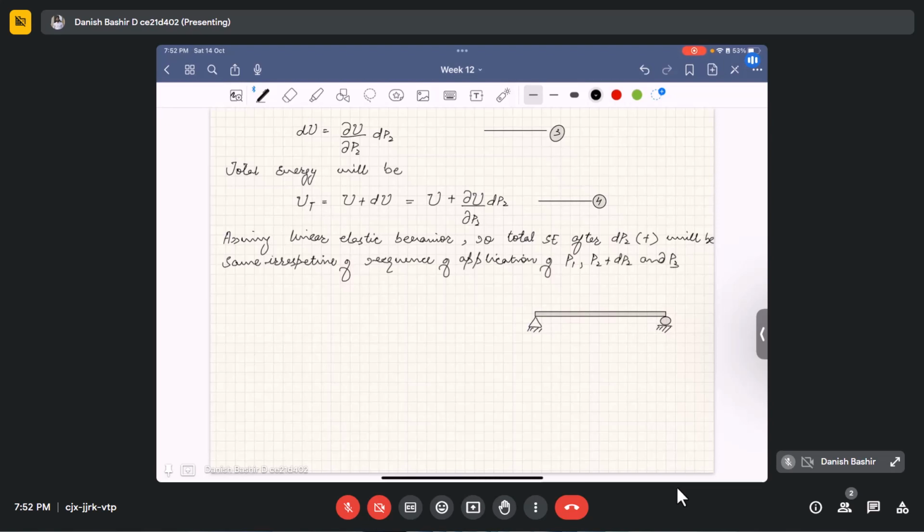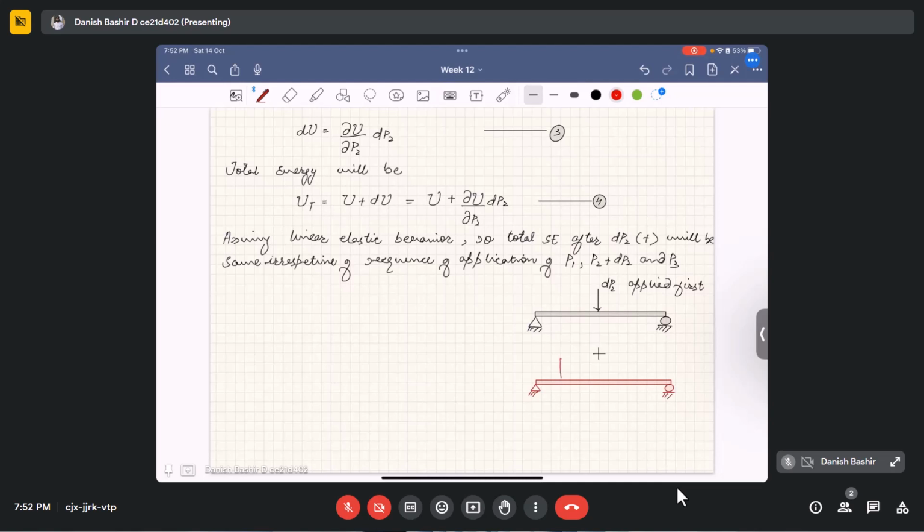Now we are assuming that we are firstly applying only dP2, applied first, and after that we are returning the original loading to our structure.